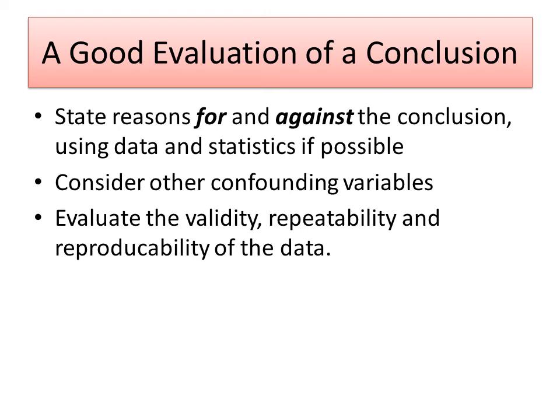If you're doing a lab investigation, have other factors, for example, light levels, temperature, concentrations, have they all been taken into account? Is the data repeatable? That means have they done more than one repeat of each investigation, and does the data look very similar, which would make it repeatable? Could somebody else get that same data, making it reproducible?